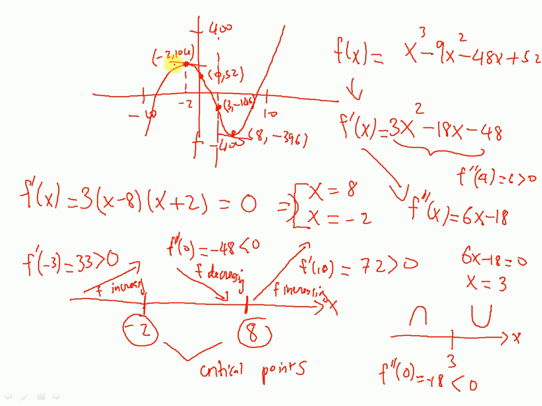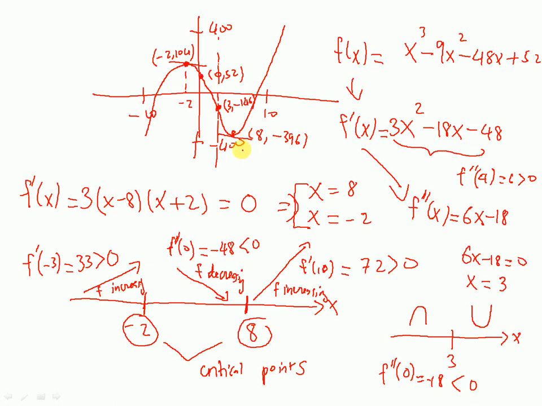On the left of 3, in this region, we have concave down, and on the right side of 3, from here to the right, we have concave up. And yes, our prediction is correct.